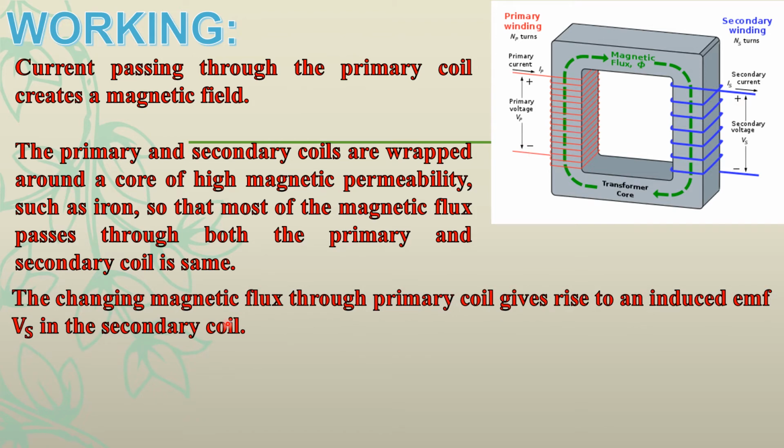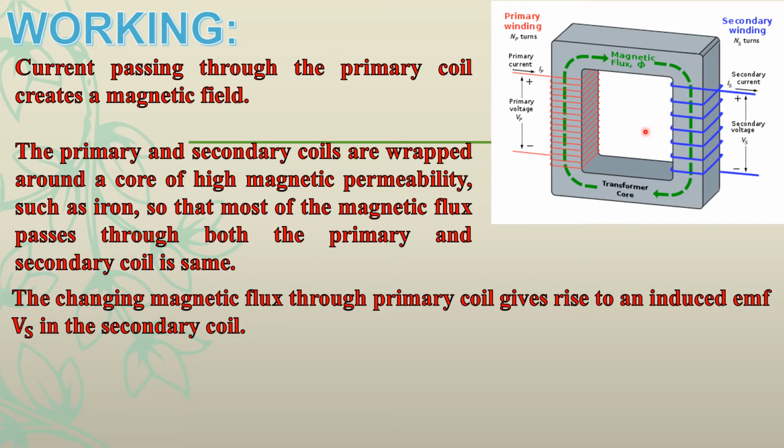The changing magnetic flux through primary coil gives rise to an induced EMF Vs in the secondary coil. We know that here input is AC supply, and due to AC supply, polarity of current is changing, and due to that magnetic flux through primary coil is changing, and magnetic flux passing through primary coil is same as the magnetic flux passing through the secondary coil.